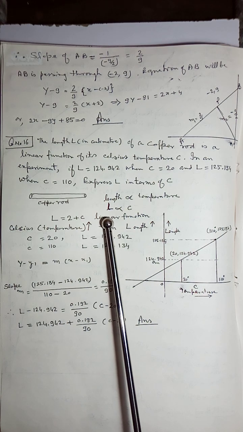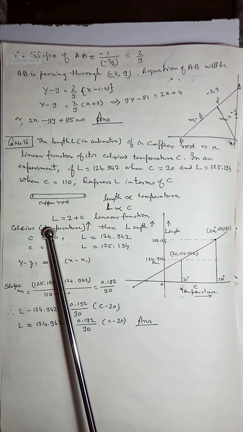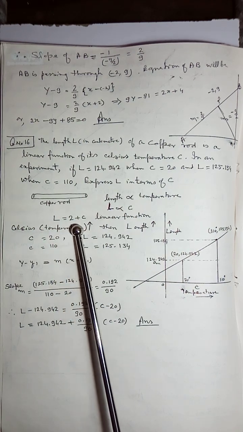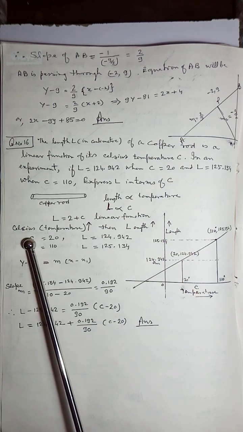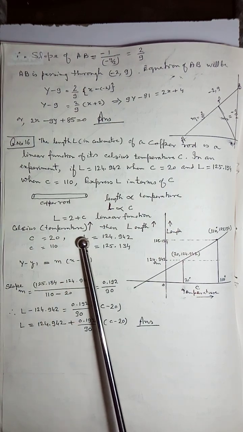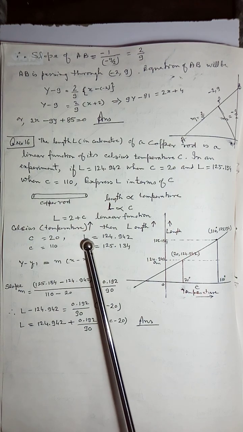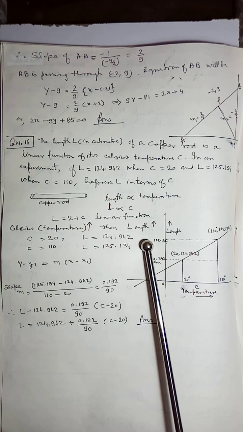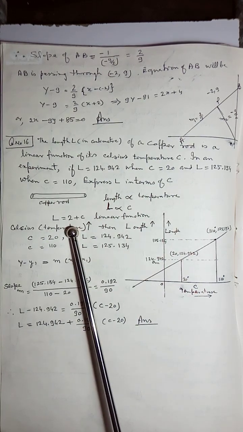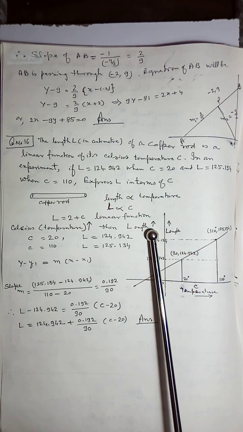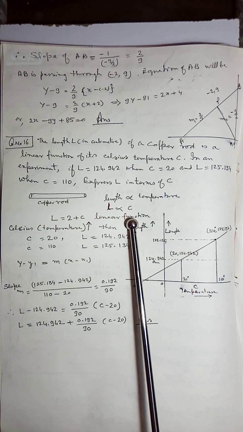So that is why length is directly proportional to temperature C. If the temperature is increasing, the length will also increase. That is why the length is directly proportional to the temperature.